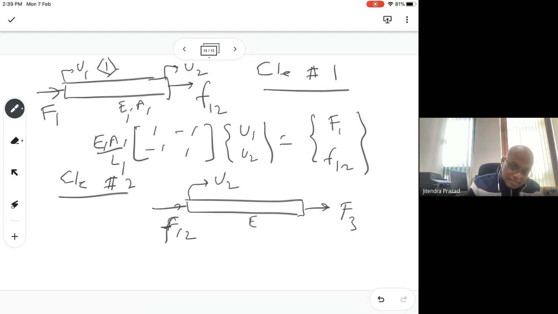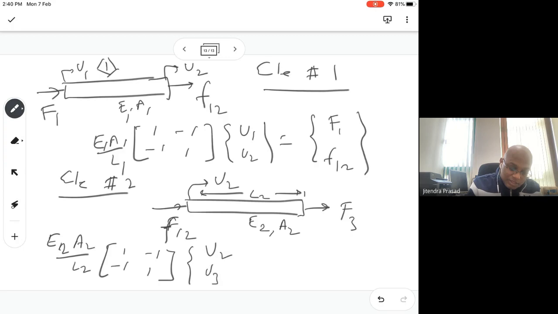Okay, what is the equation we get? Now this is E2, A2, and the length is L2. So we get E2 A2 over L2 times [1 -1; -1 1], times U2, U3, is equal to, sorry, this should be F21, guys.